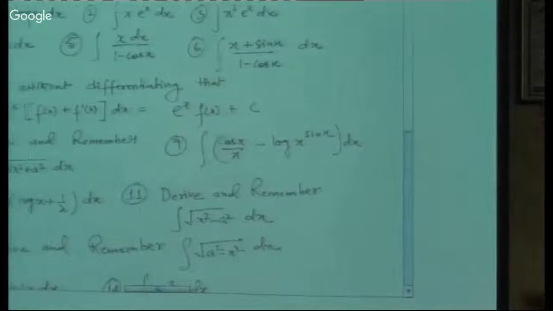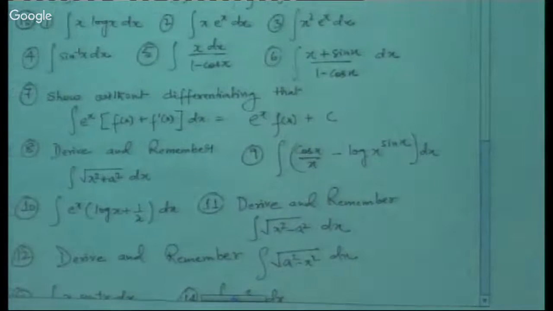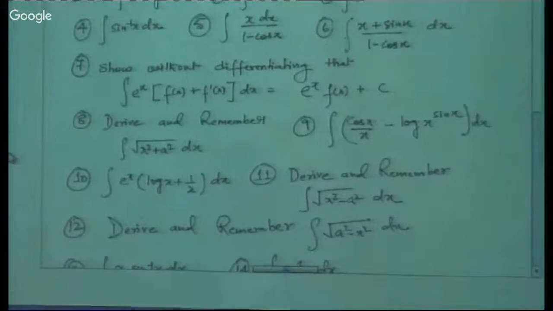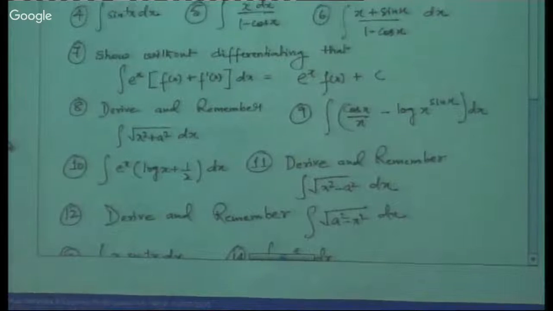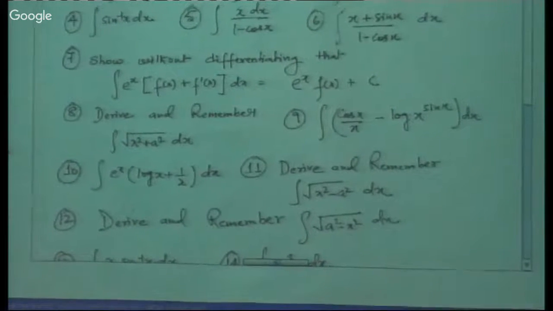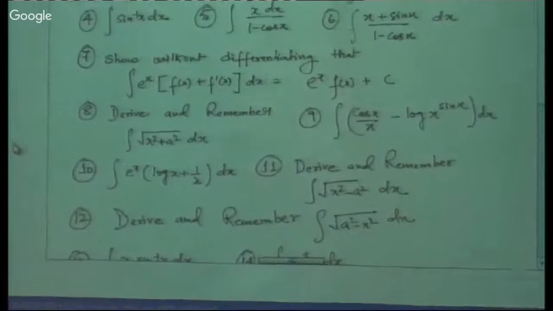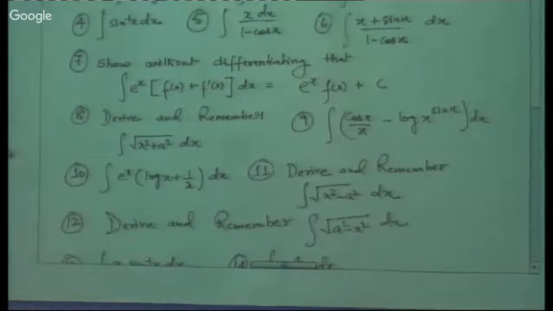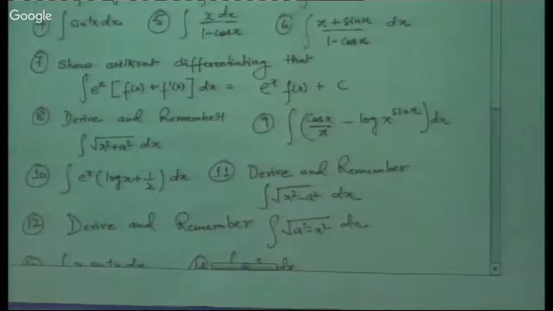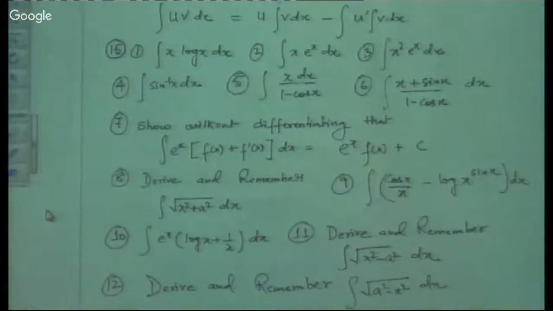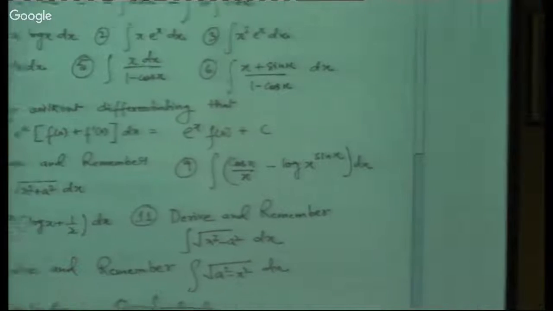Can I differentiate both sides? If I differentiate the left hand side, what will be the answer? It is uv, because uv is some function of x into dx, and that is integrated. The definition of differentiation is the anti-differentiation. You know the connection, na? So if I differentiate the integral of uv dx, the answer would be uv. So the left hand side is very easy to guess: my left hand side will be uv if I differentiate, right?